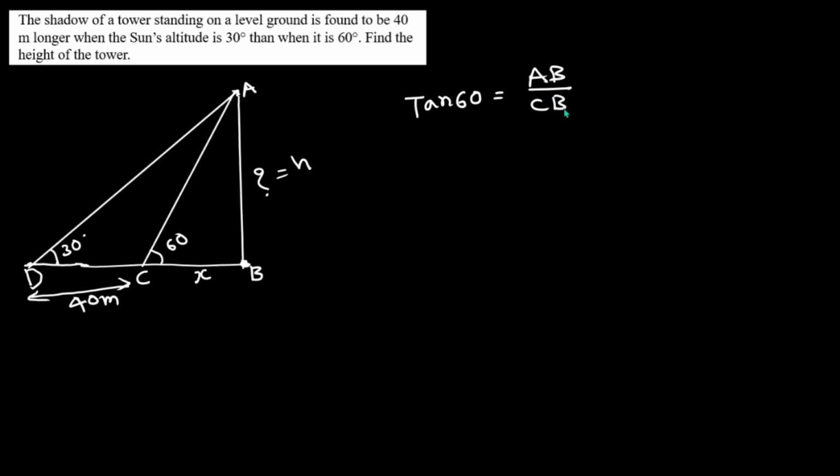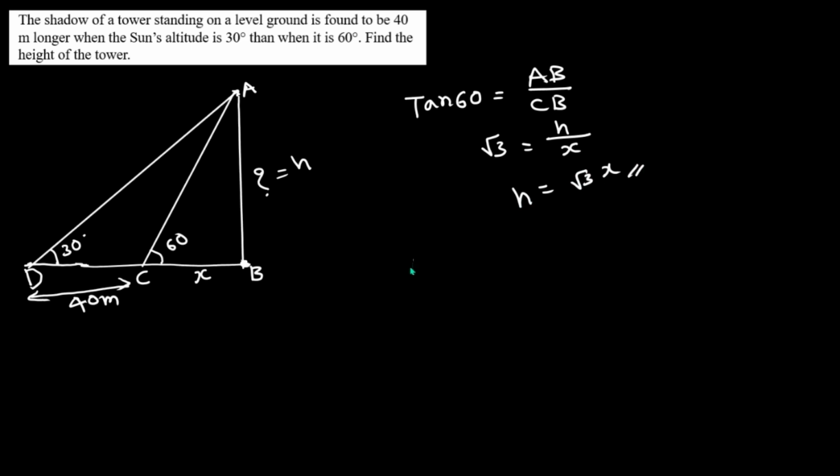AB is the height of the tower, divided by X, because BC we have taken as the distance X. We know that tan 60 is root 3. So we have one relation: H is equal to root 3 X.